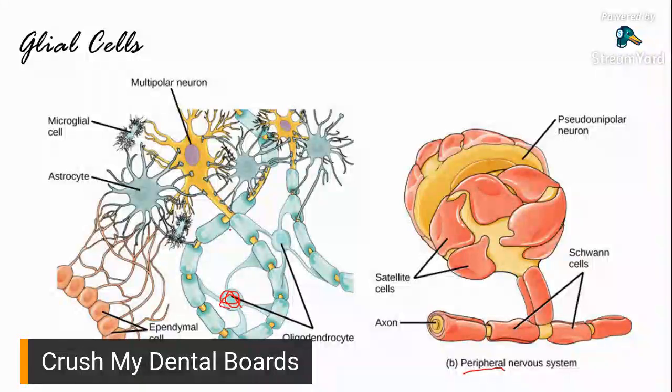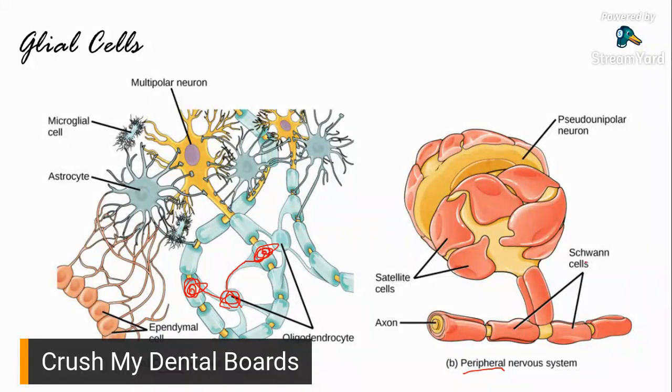It's not attached to your axon at all, but the cell body has processes that extend towards the axon and wrap your axon with myelin sheath. So one oligodendrocyte can extend to several portions of your axon and wrap it in myelin.